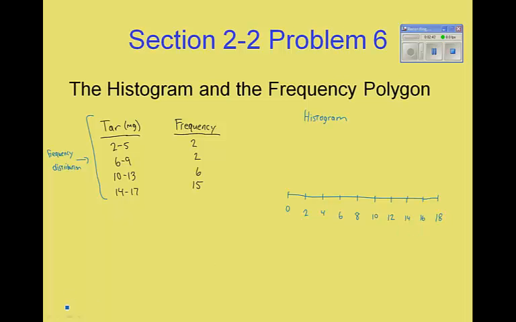And then, starting at 2 here, in the 2 to 5 range, we had, and then the y-axis here, I guess this is going to be frequency. So I don't know, I guess I'll go 5, 10, 15. So in the 2 to 5 range, we have 2. So I guess I'll go that high.